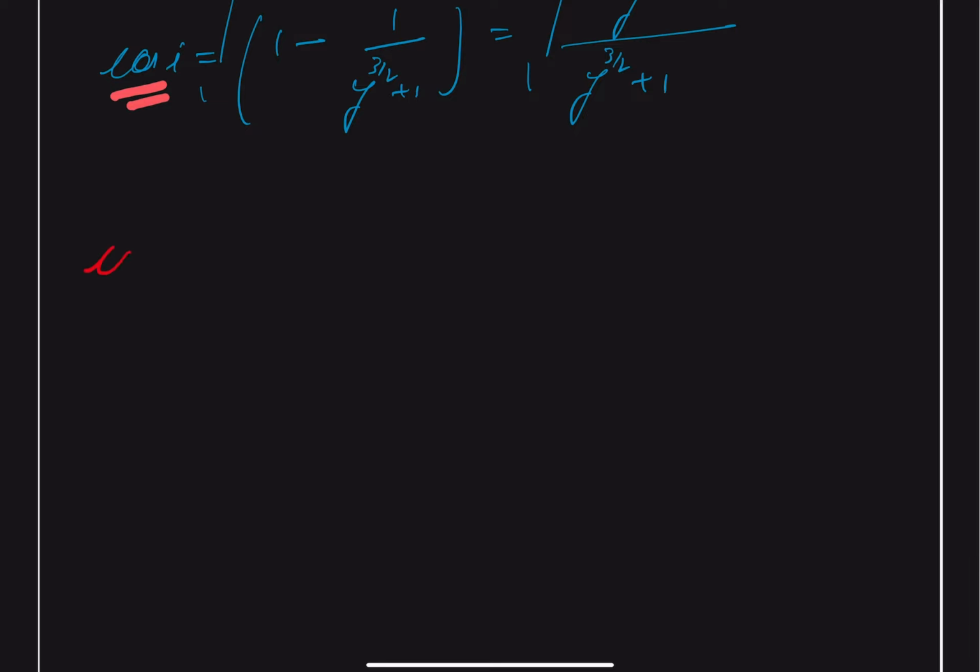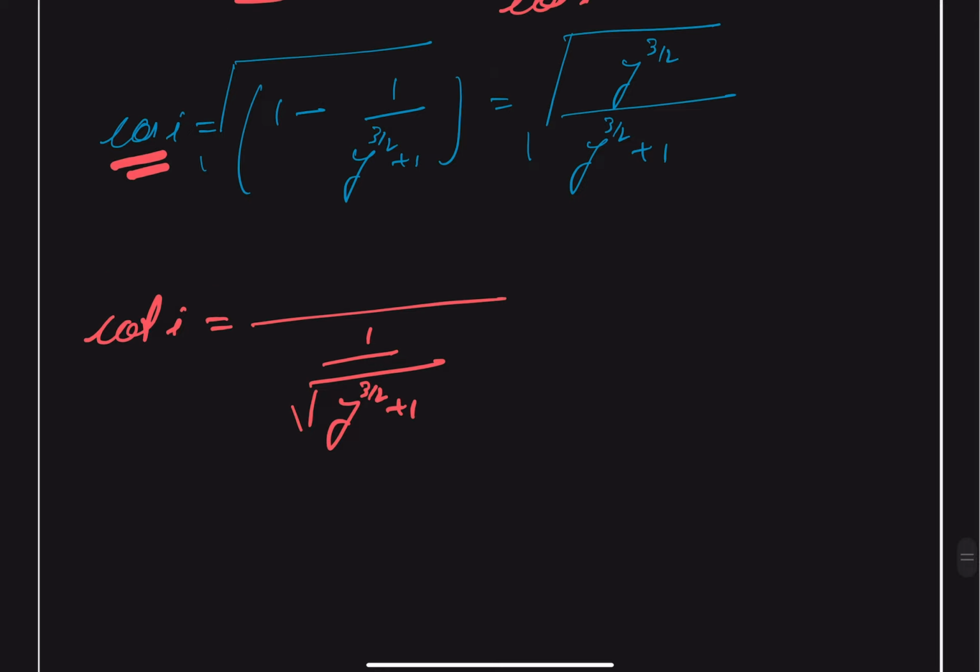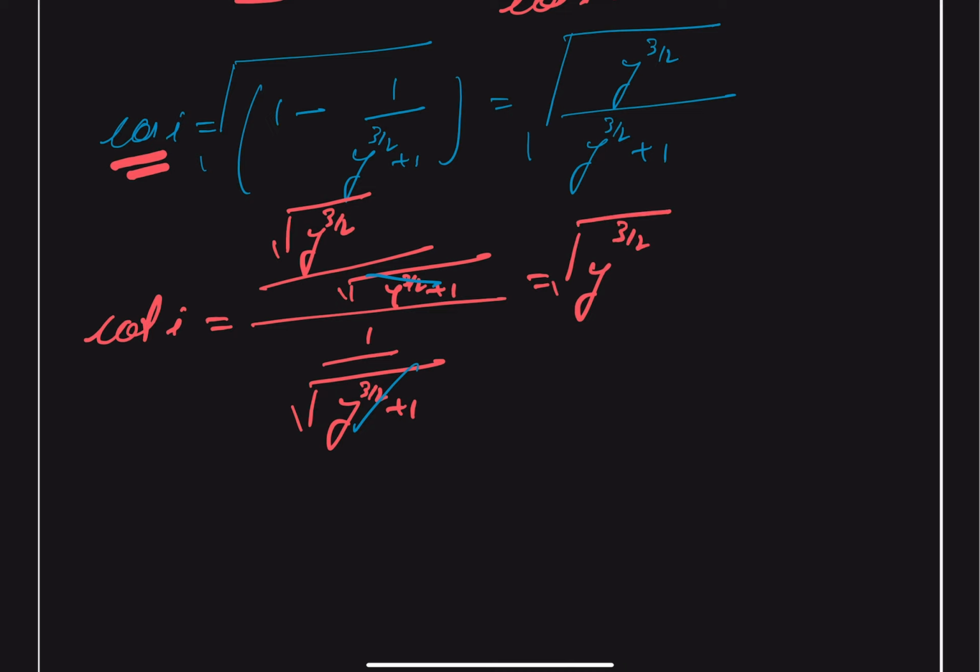So we can write our cot of I will be equal to cos of I over sin I: the square root of y^(3/2) over the square root of (y^(3/2) + 1), times the square root of (y^(3/2) + 1). So these two terms cancel out. So this gives us the square root of y^(3/2).